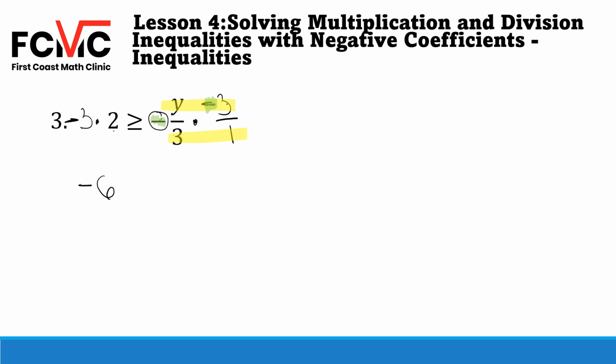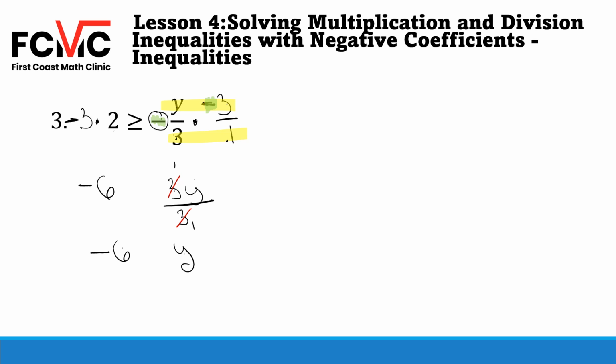Y times 3 is 3y. 3 times 1 is 3. Now I'm dividing. 3 divided by 3 is just 1 and 1. So we're left with just y, because we don't need to write the 1's in. And I get negative 6 on the left and y on the right.